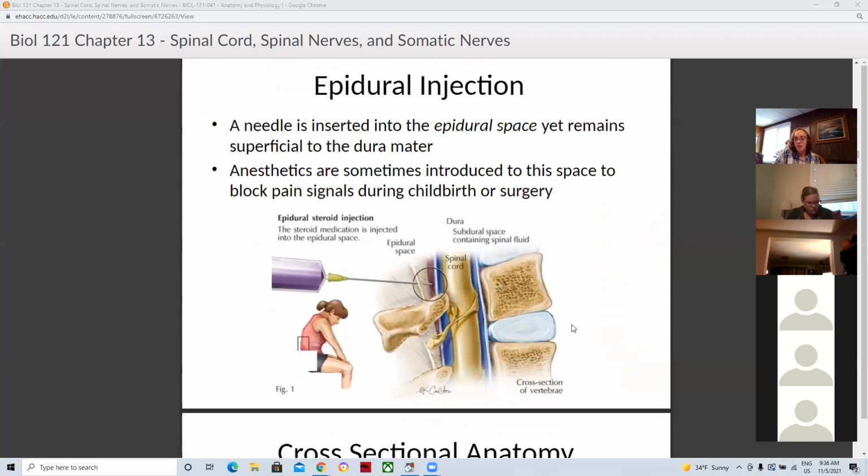An epidural injection. I'm sure some of you, I know some of you have had children. An epidural injection is where you inject into the epidural space. Remember, this is a space that's right superficial to the dura mater.